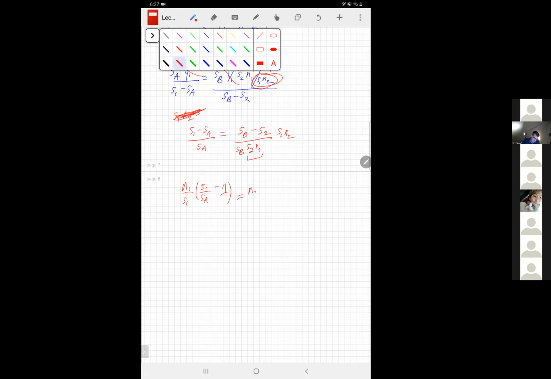I'm left with N2 over S2 here times SB over S2 minus 1. I feel like I did something wrong here, but let's just keep going.